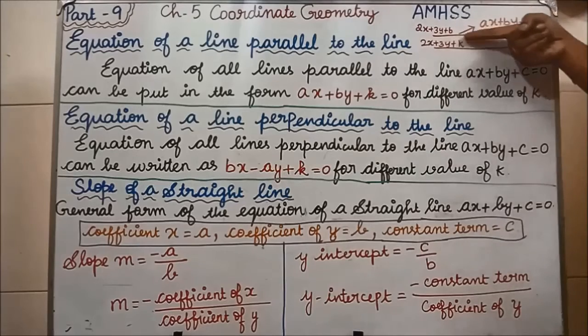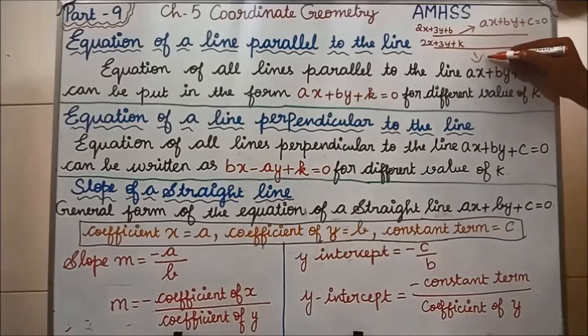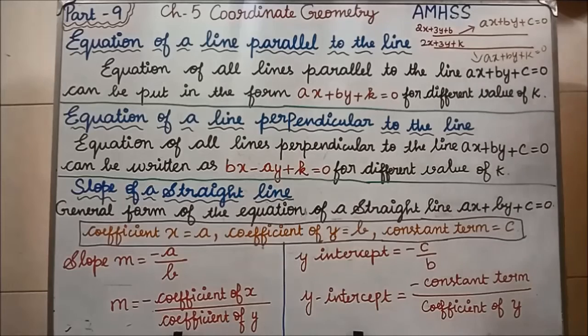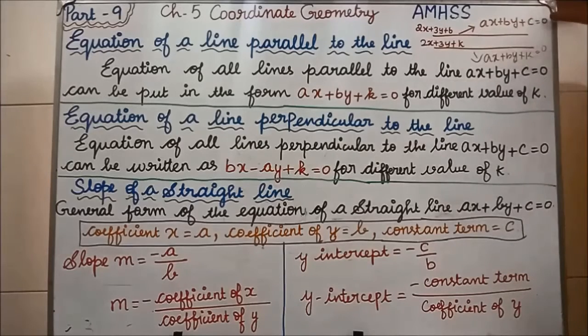To this straight line, if you are drawing any parallel line, how will this parallel line equation be? See this equation again, ax plus by plus k equal to 0. Clear? This straight line equation is ax plus by plus c equal to 0.